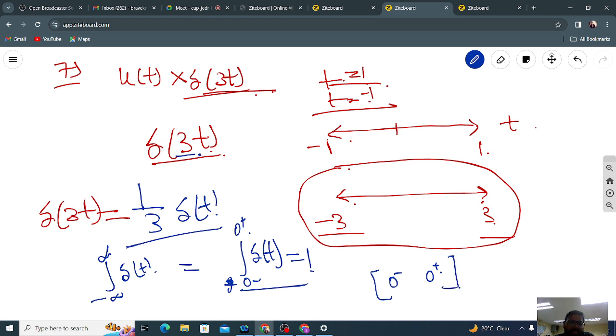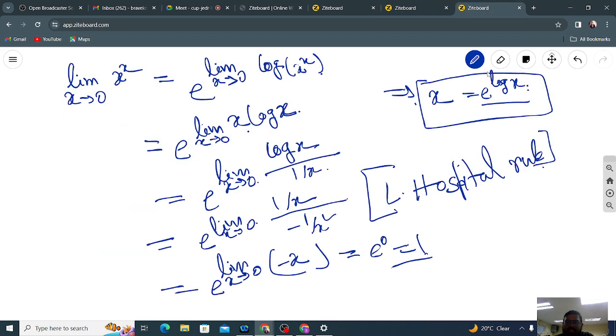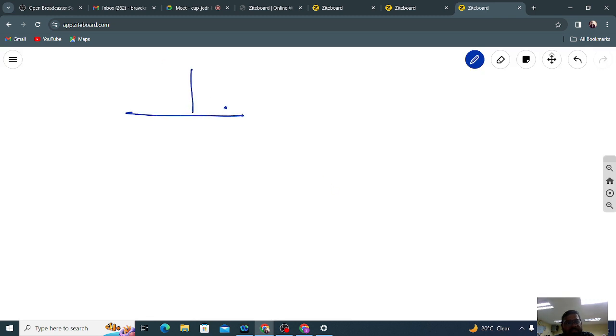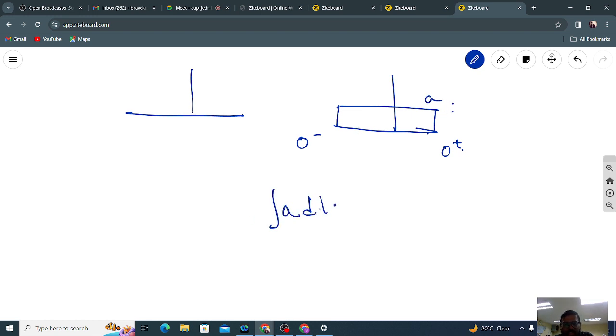When the scaling property comes, we are stretching the function wider. To keep the integration, just see: suppose this is 0 minus and 0 plus, and within this interval it has a particular value a, and the integration of a dt from 0 minus to 0 plus will be 1.